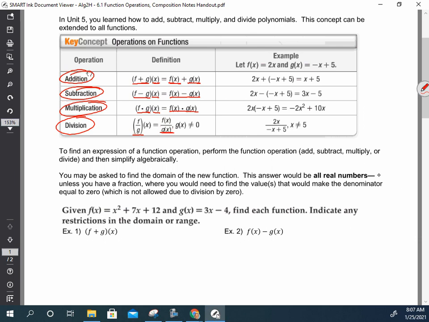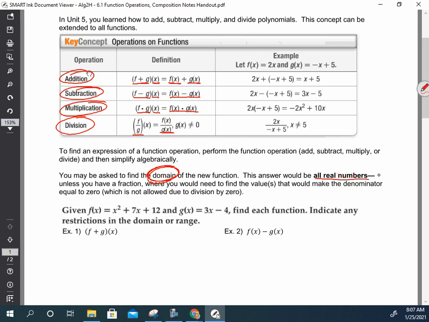After you find the expression, you may be asked to find the domain. So the domain, for the most part, is all real numbers, unless you have a fraction. Remember, you cannot divide by 0.